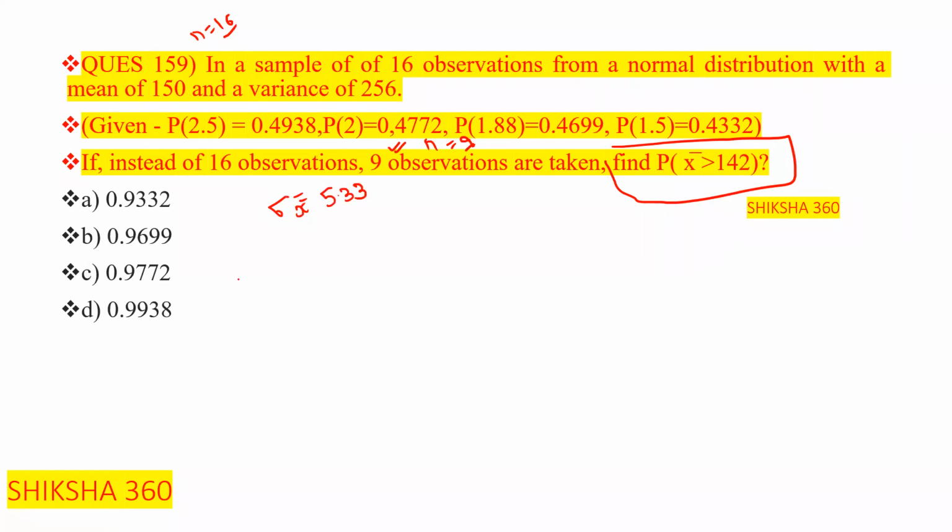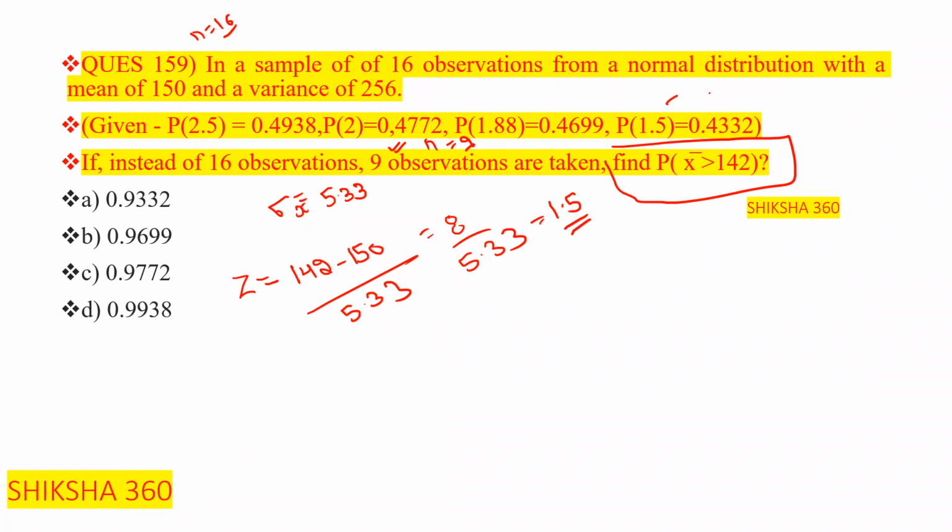First of all, we have to calculate Z. That is 142 minus 150 upon 5.33. Z comes out to be 8 upon 5.33, and 8 divided by 5.33 comes out to 1.5. For Z equal to 1.5, the probability is 0.4332.